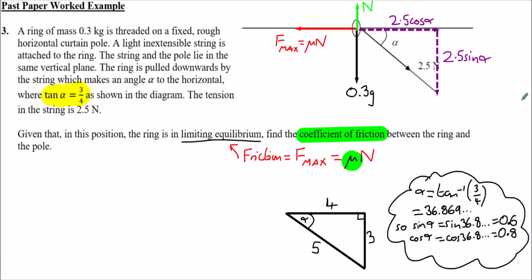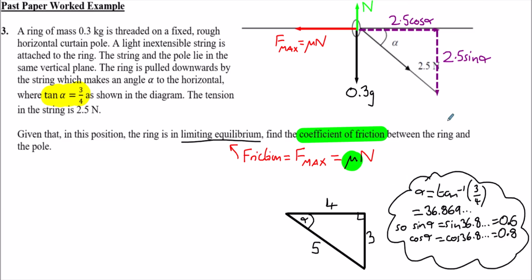So now that we have that, we can resolve either perpendicular or parallel to this curtain pole, and the choice, to be honest, is ours. What I would personally suggest is to fill in the value of these two components, because we've worked out what cos alpha and sine alpha are.